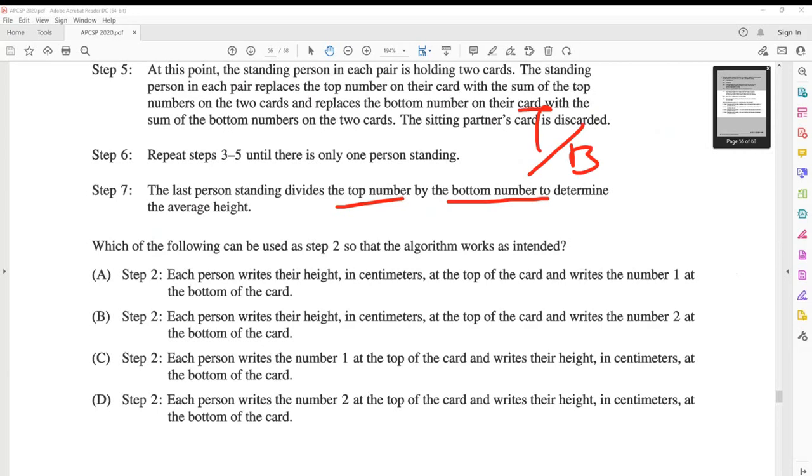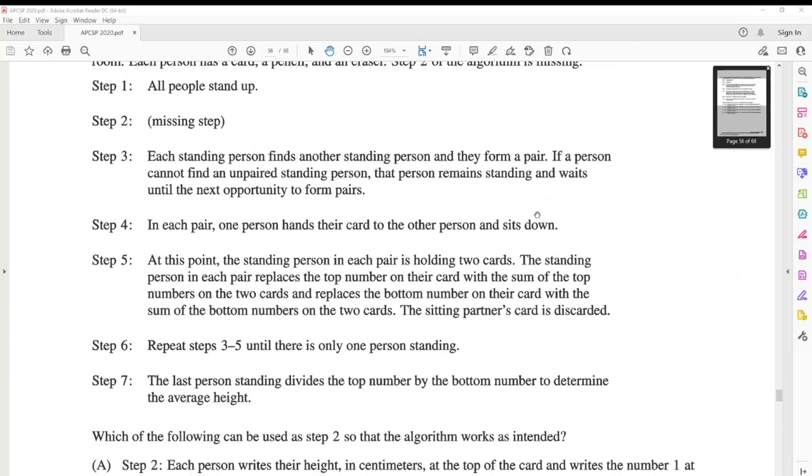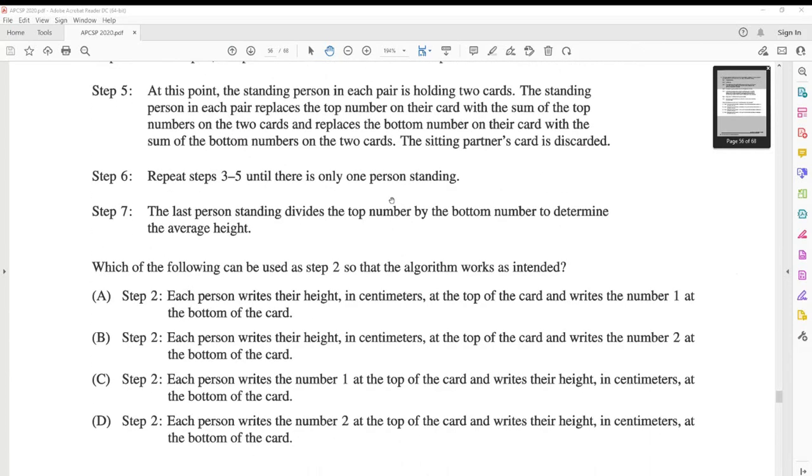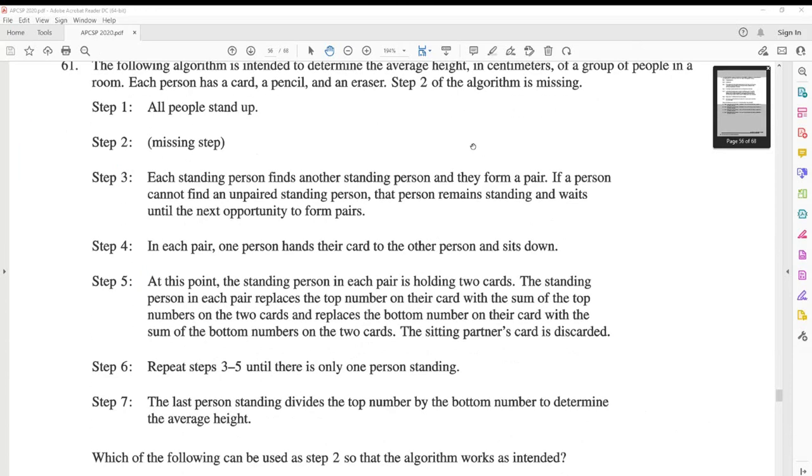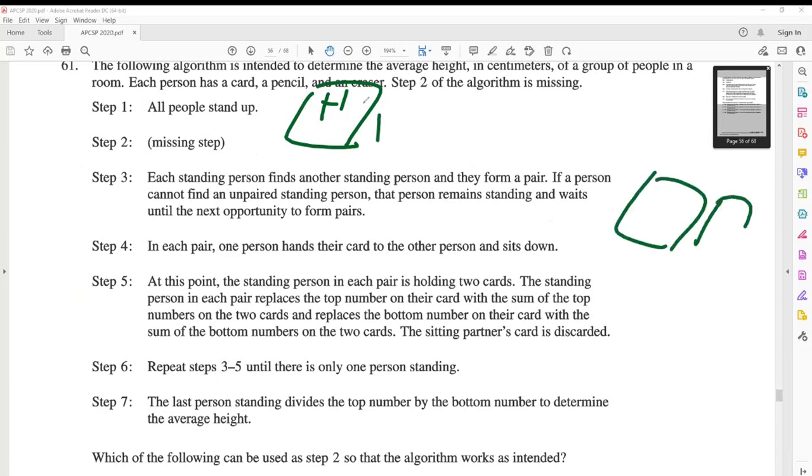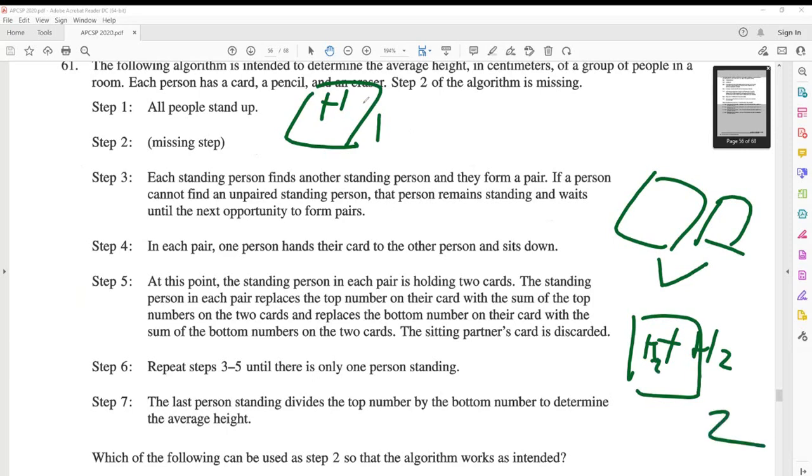It is a very easy problem if you understand it, but if you go through the whole thing, it takes a long time. The initial condition, you actually use A. Is it a CS problem? No, I don't think this is a CS one. It's more like an IQ test. Everybody stands up and writes their height and the number of persons on the back of the card. When 2 people meet, they sum up their heights, height 1 plus height 2, and put 2 on the back.